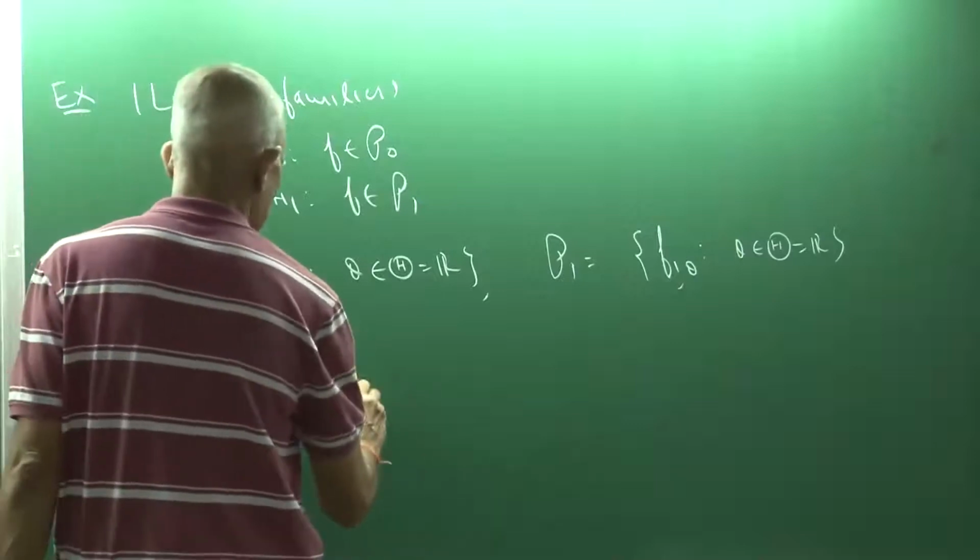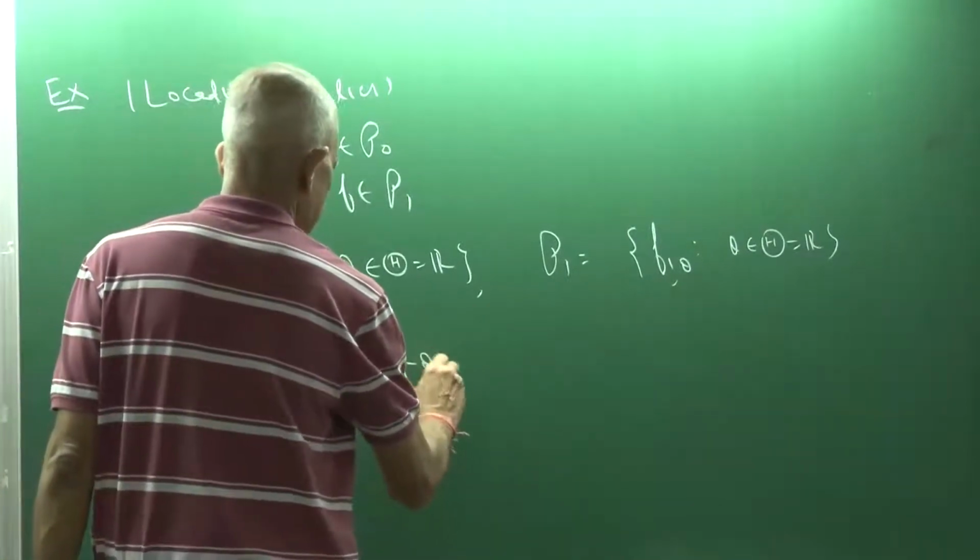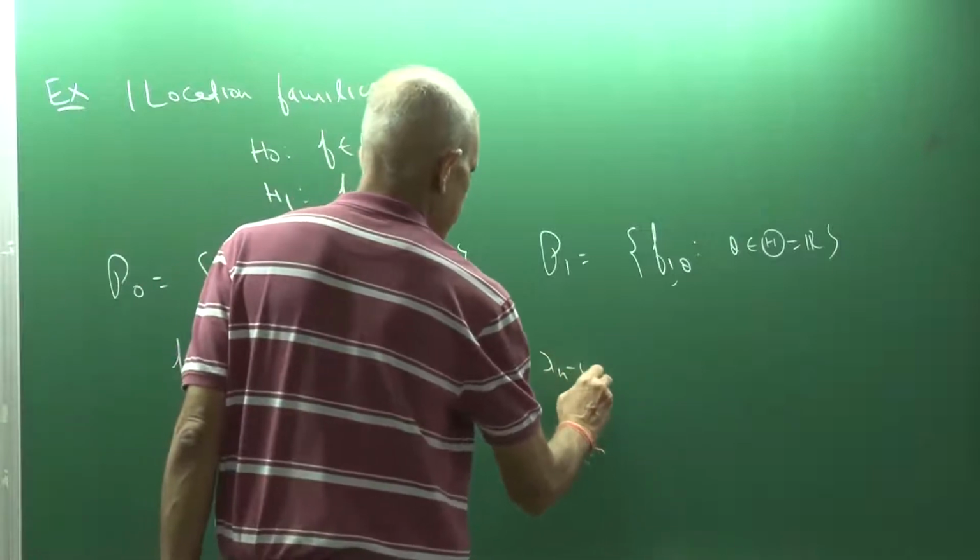This is nothing but fi of x1 minus theta, ..., xn minus theta.